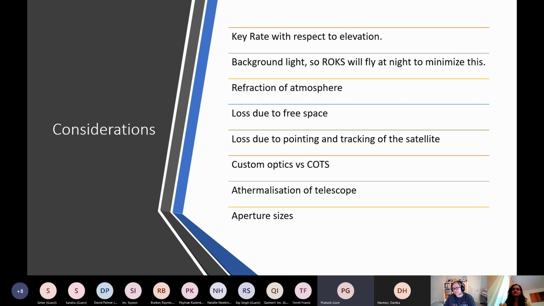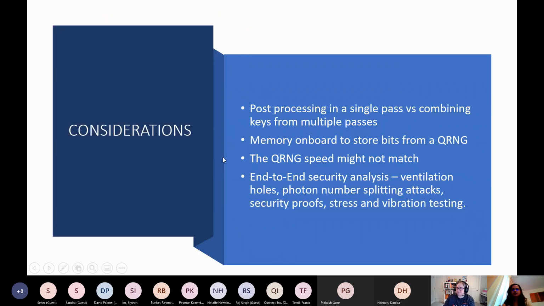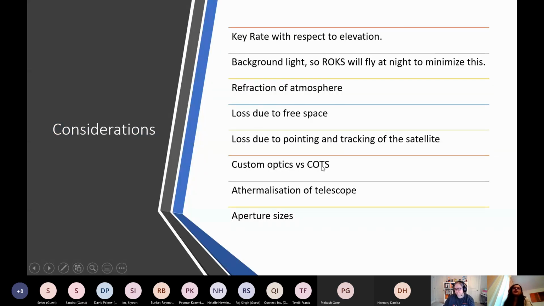We have a question in chat, which is, what protocol do you think is most secure for QKD? Well, personally, this is a tricky one. I'm sure Sarah can tell you more about it.